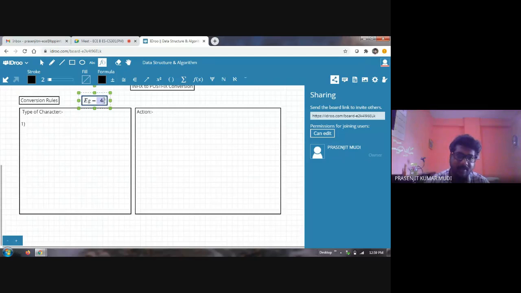If I write 4 exponentiation 2, that means 4 square, 4 to the power of 2. That is the meaning.